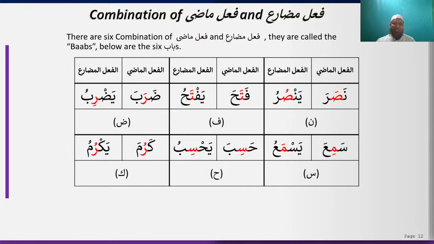So these are the six combinations of الماضي and المضارع: نصر ينصر, فتح يفتح, ضرب يضرب, سمع يسمع, حسب يحسب, كرم يكرم. In the bracket you will see these letters: the first letter of the fi'l madi: nun for nasara, fa for fataha, dad for daraba, sin for sami'a, ha for hasiba, kaf for karuma.